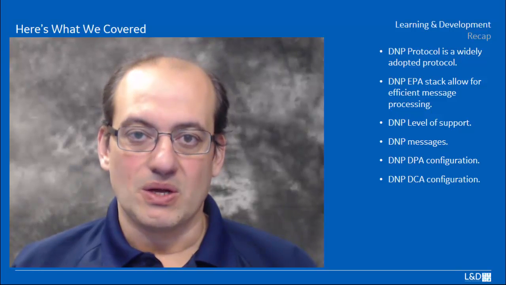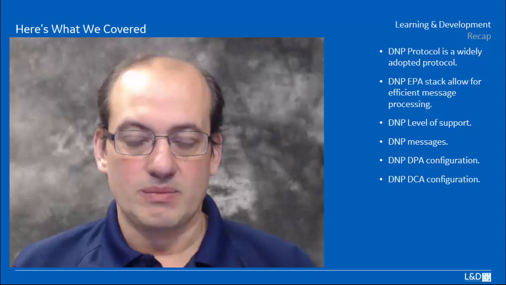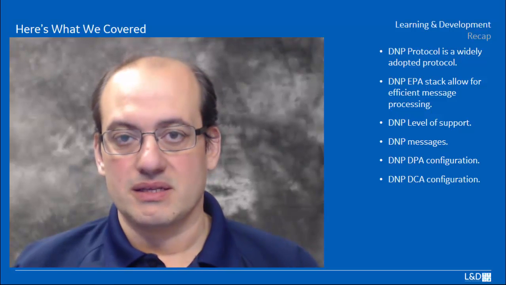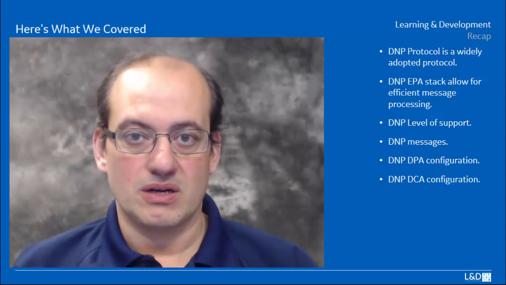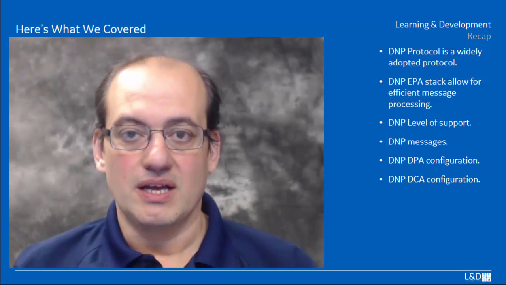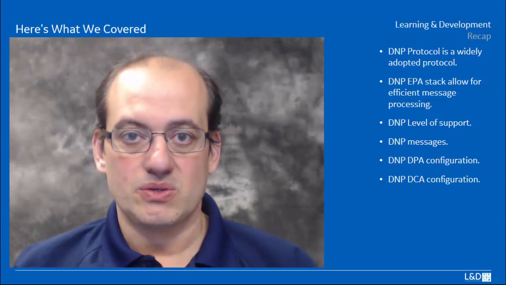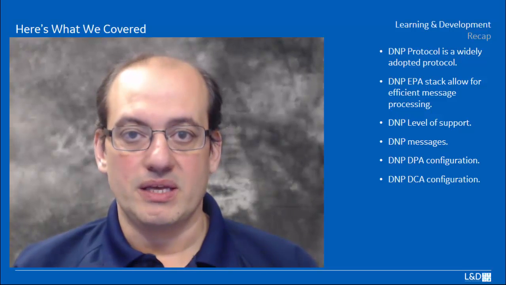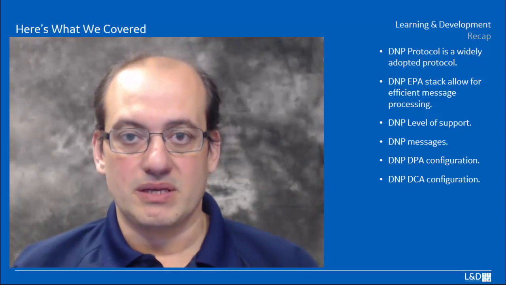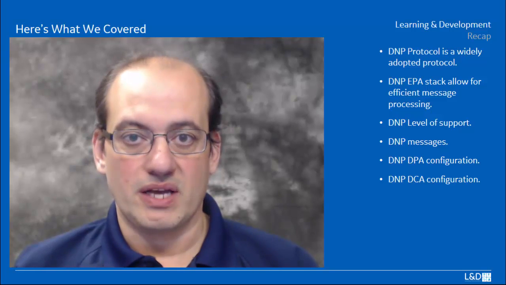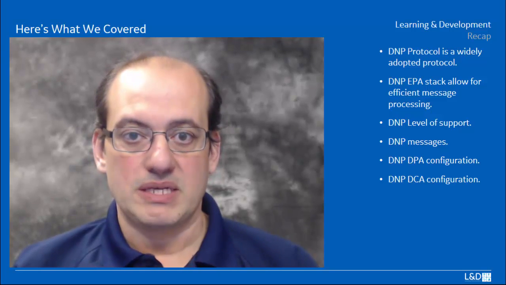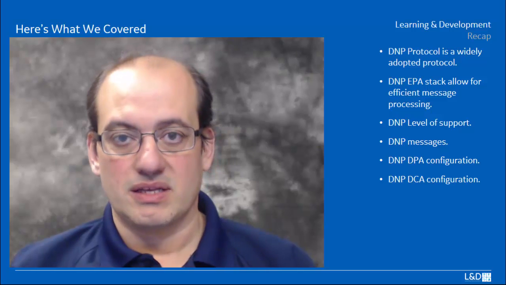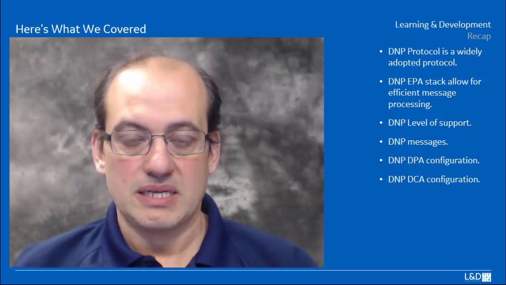Just to summarize what we have covered in this webinar: DNP has a wide adoption among vendors. This wide adoption was due to the way it was architected by GE, with the EPA stack being very efficient for every application layer to process the next application layer message.